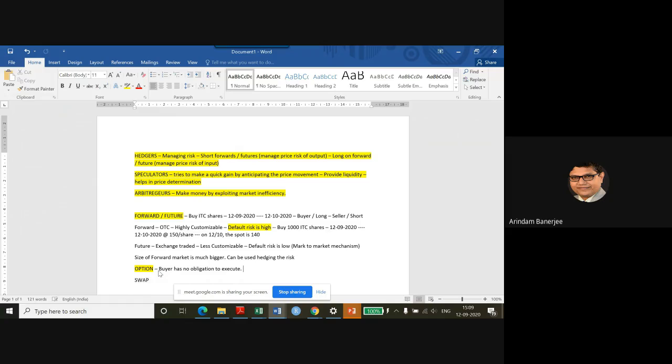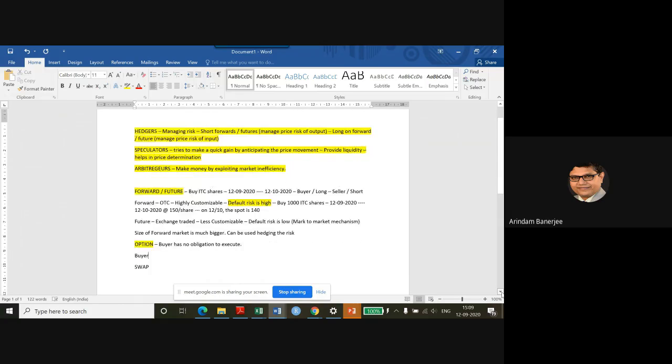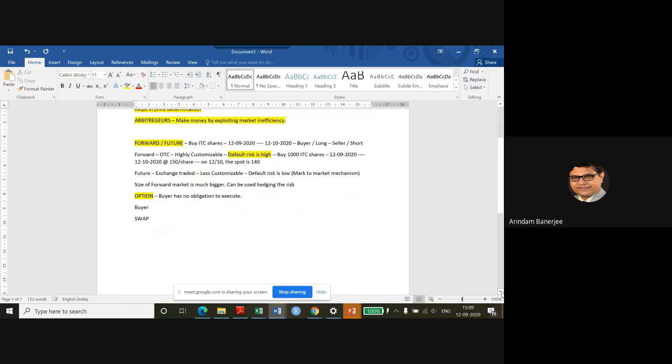So in an option, there are two parties like in other contracts. One is the buyer, or I can say who has taken a long position, and the other is the seller, who has taken a short position.